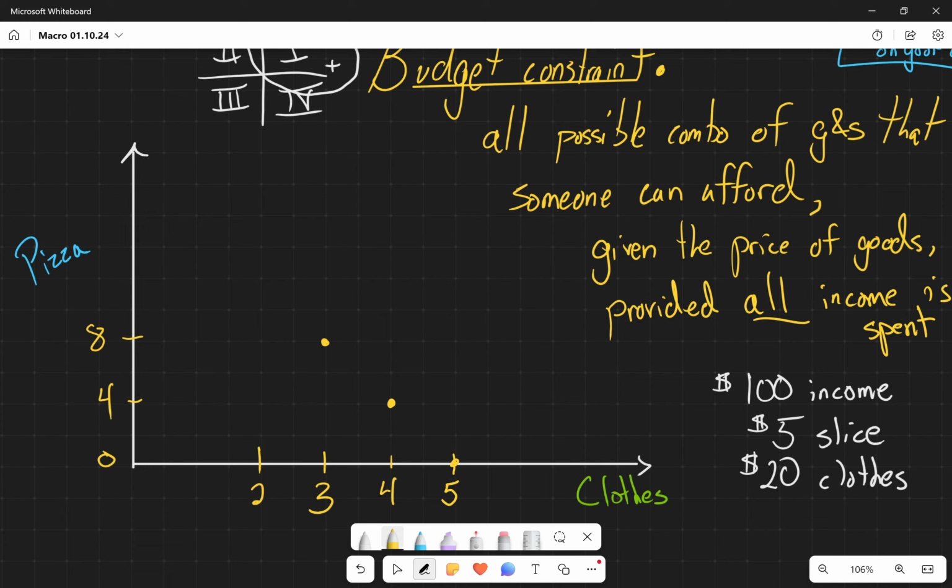Do the same thing for 2. We do the same thing for 1. We get 10. We get 12. That doesn't make any sense. One article of clothing gives us $80 free, which is, oh yeah, okay, 12. So then this is 14.